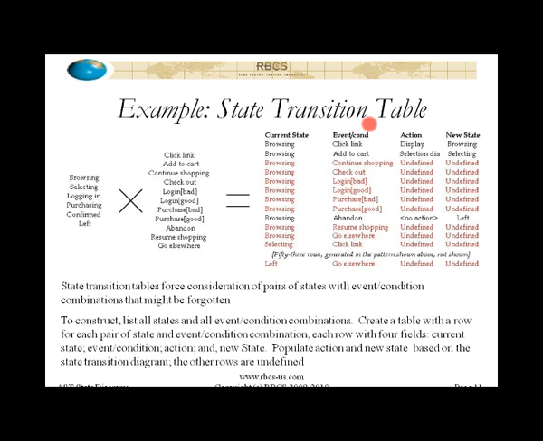First thing you do is generate these columns here, which is just a methodical combination of the set of states and the event or event condition pairs. Then you go back and refer to the diagram, marching methodically through the different states, starting in the browsing state and looking at the event or event condition combinations in each row, and ask yourself, is that associated with a defined transition or not?